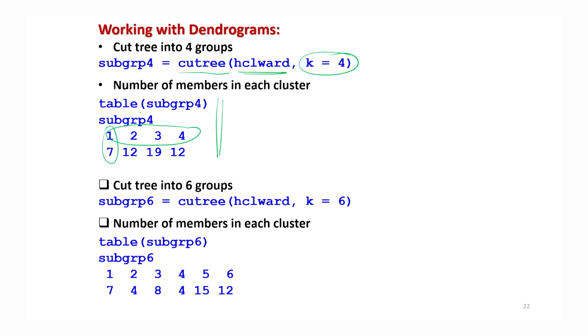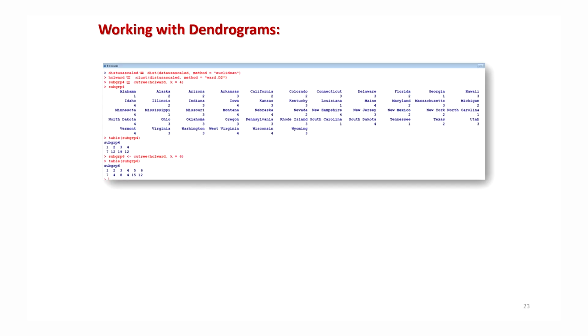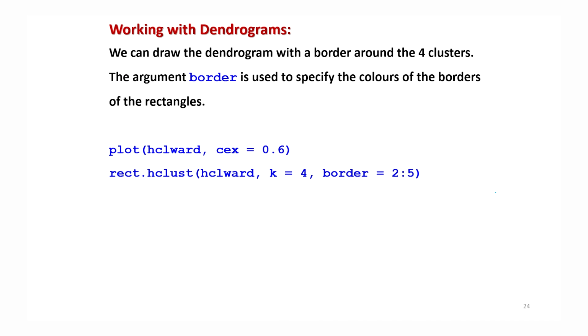One cluster has 7 values, the second cluster has 12 values, cluster number 3 has 19 values, and cluster number 4 has 12 values. And if you again divide them into 6 groups, then the outcome is like this. These are the 6 clusters, and these are the respective numbers of units inside these clusters. Right. So this is the same command we had used earlier, and this is a screenshot of the same command which I have just explained.